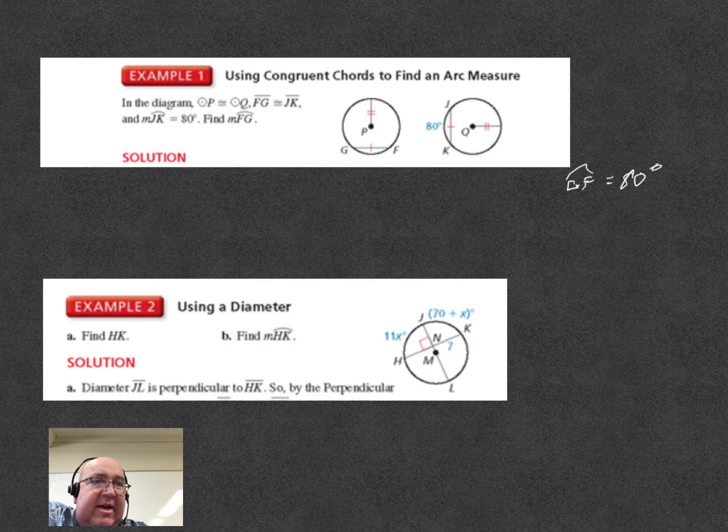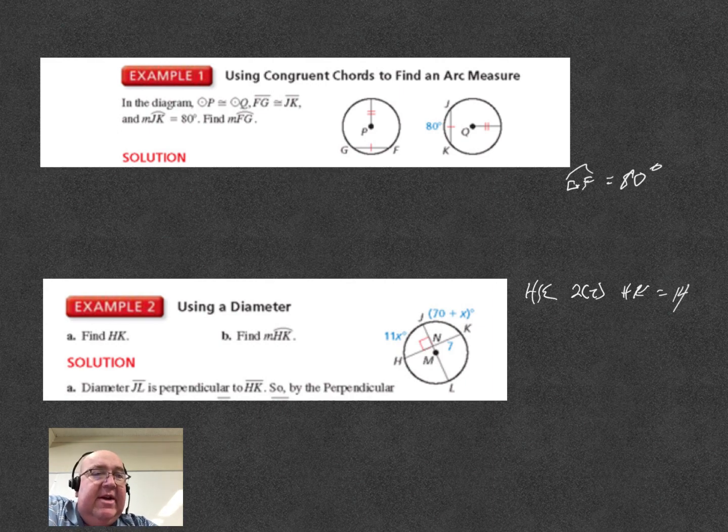Here we have two portions. So first off, we want to find HK. Well, HK is going to be MK times 2. So 2 times 7, HK is 14.